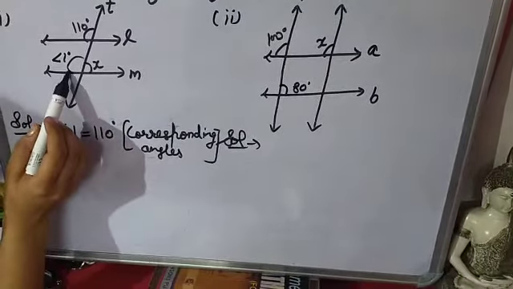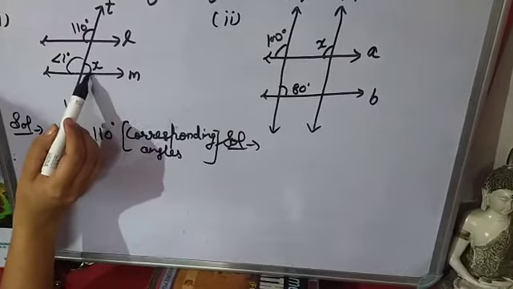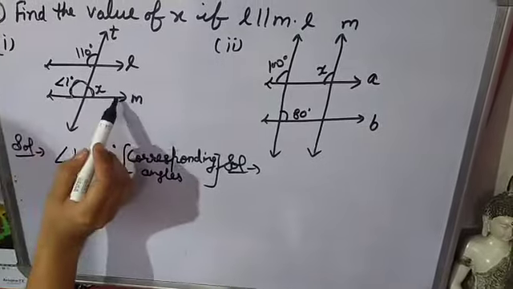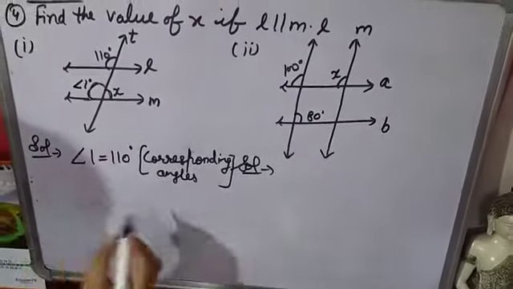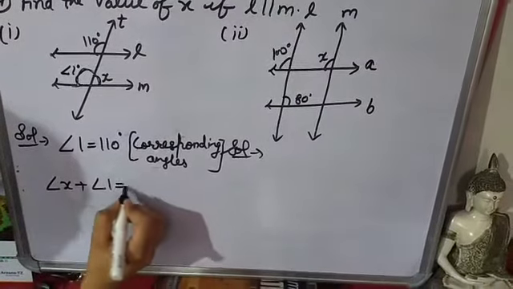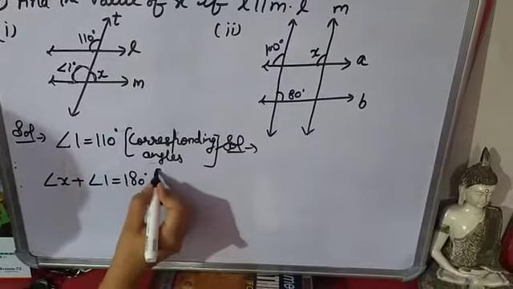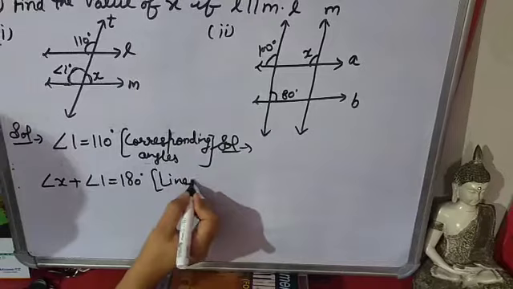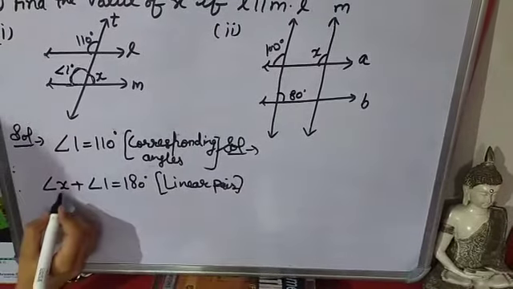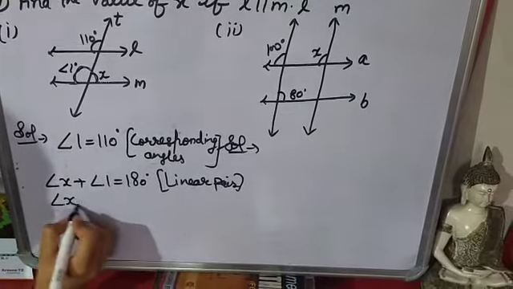Now, if this is 110 and this is x, both angles are on a straight line. They are making a linear pair. It means angle x plus angle 1 is equal to 180 degrees, because they are making a linear pair. You have to find the value of x.